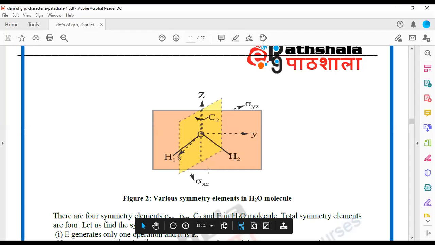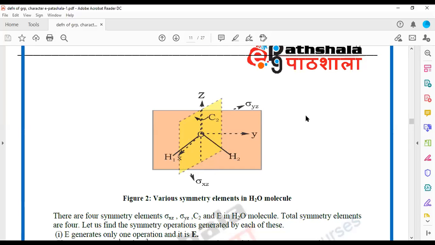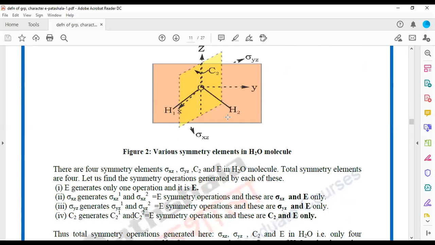So these are the 3 elements, plus you always have an identity. So now we have E, sigma xz, sigma yz, and a C2 axis. These are the 4 elements of the C2v point group.